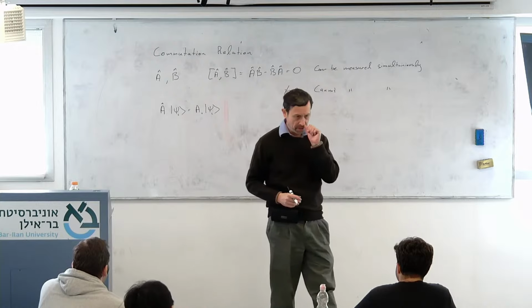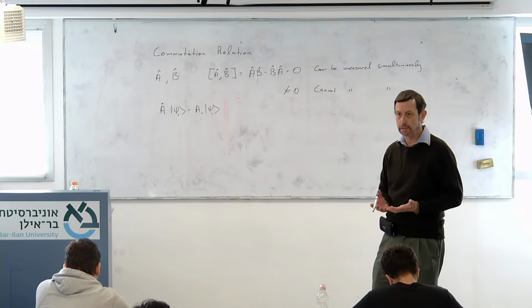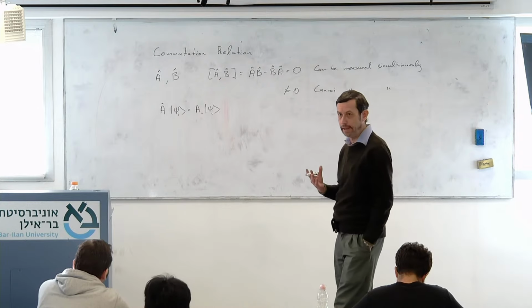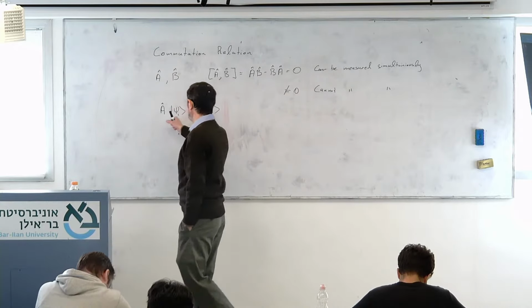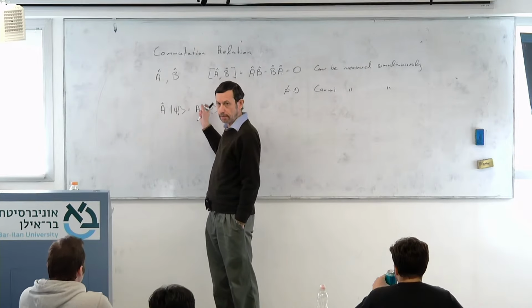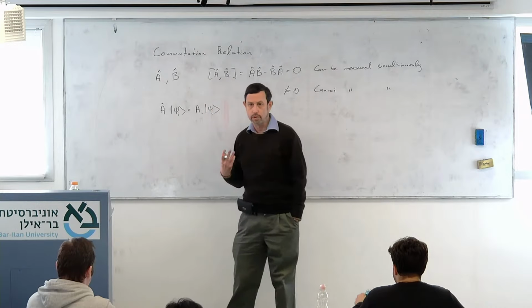According to the postulate of quantum mechanics, I have a basis of eigenvectors of A, in which if I operate on psi I with operator A, I get the function times a constant, which is the eigenvalue of A.